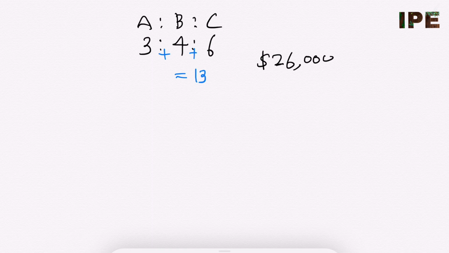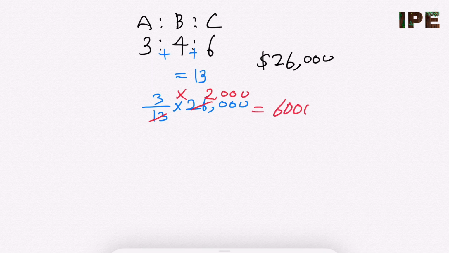Because he invested 3 out of 13, he can take 3 out of 13 of $26,000. So 3 out of 13 times $26,000. It can be canceled out. 13 times 2,000 is 26,000, so 2,000 times 3 equals $6,000. That is a ratio problem in the SAT.